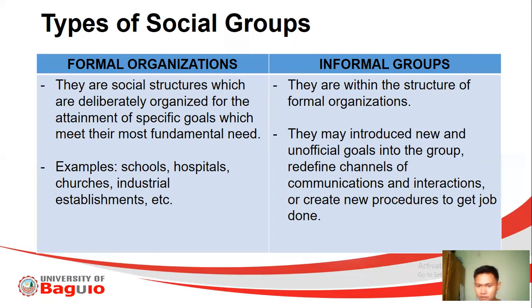And they may introduce new and unofficial goals into the group, redefine the channels of communications and interactions, or create new procedures to get the job done. Okay, so please take note that when you say informal groups, these are the groups within the formal organization. Okay, please take note of that one. Informal groups are the groups within the formal organization.